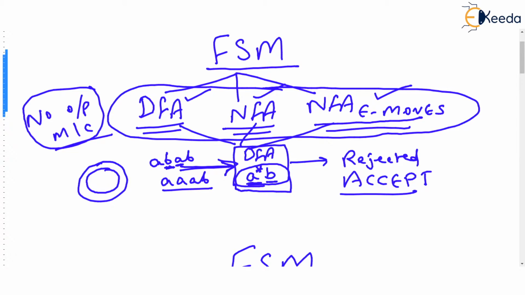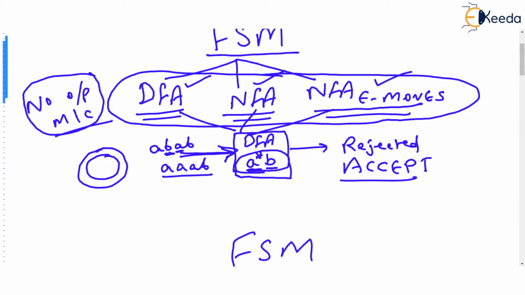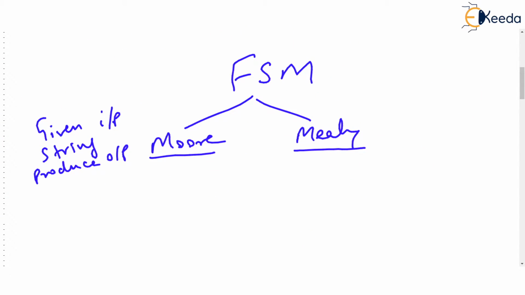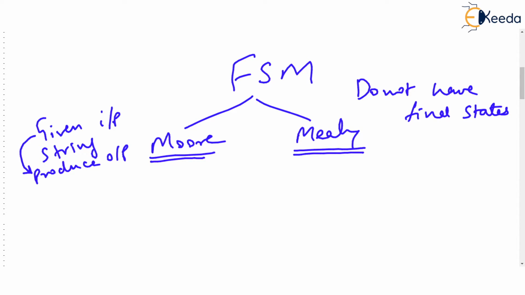We have seen that. But Moore and Mealy machines are not supposed to accept or reject something. They are simply supposed to take some input and provide some output. So both machines do not have final states. That is, accepting states are not there. Of course, these machines have an initial state, and any FSM can have only one initial state from where the machine starts.